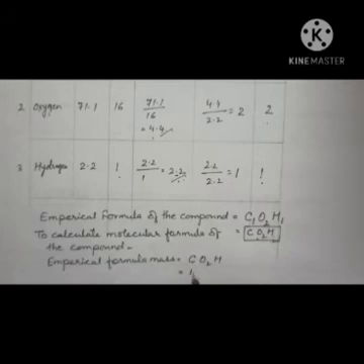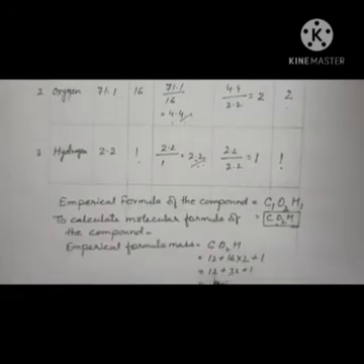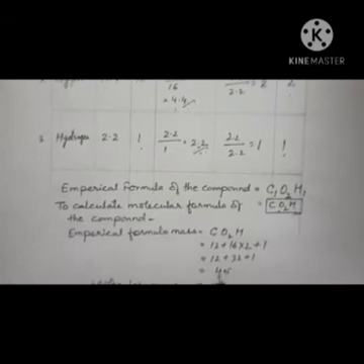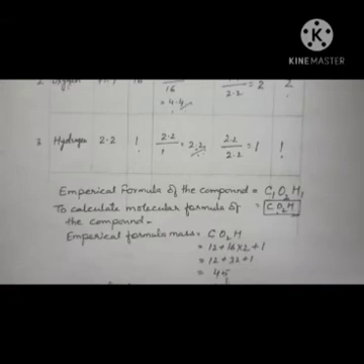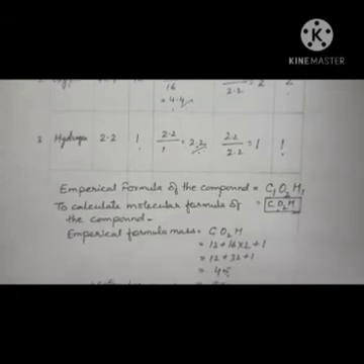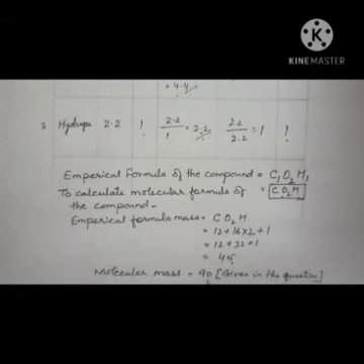Carbon atomic mass is 12, oxygen 16 into 2 because 2 atoms are there, plus hydrogen atomic mass is 1. You get 12 plus 32 plus 1, that is 45. So the empirical formula mass is 45.